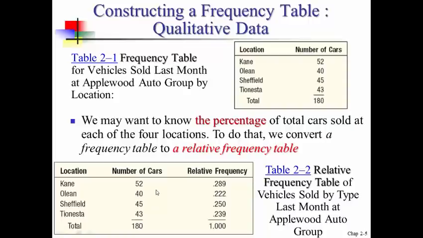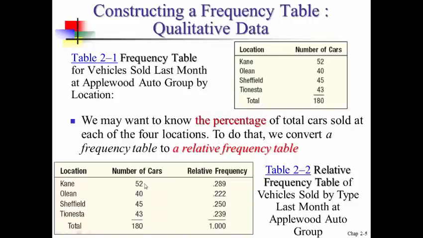So, in order to get a relative frequency table, you need to take the frequency from each item divided by the total frequency. Remember, ratio is one number over one number, something over something. But relative is more specific because it is a number over the total frequency.